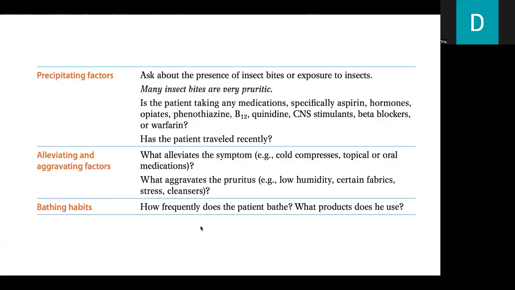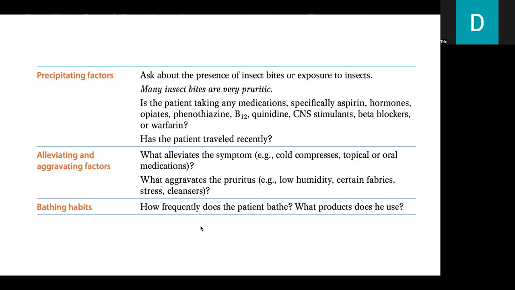Many insect bites are very pruritic. Is the patient taking any medications, specifically aspirin, hormones, opiates, phenothiazine, B12, quinidine, CNS stimulants, beta blockers, or warfarin? Has the patient traveled recently?